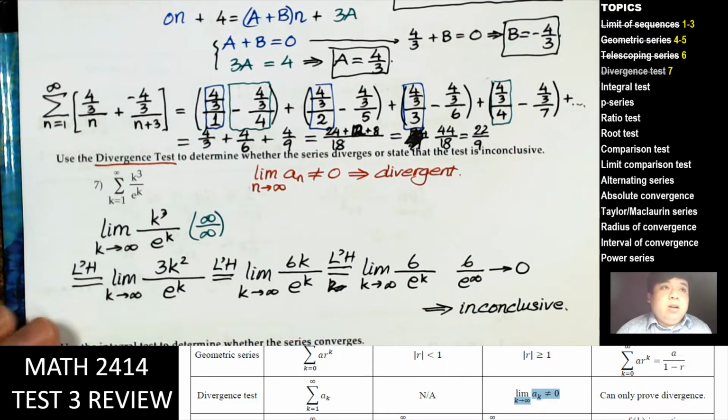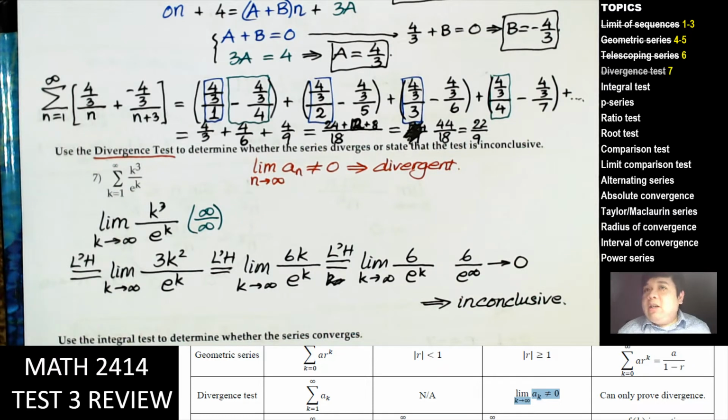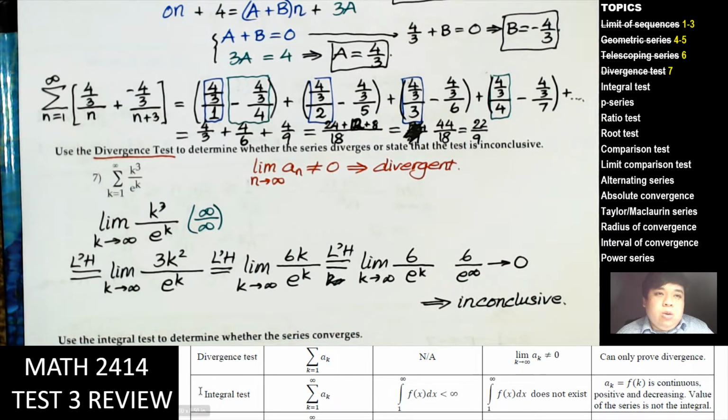Right. Next we have the integral test. So let's look at the integral test. It says that the integral and the sum both will converge or both will diverge, but the values are not the same.